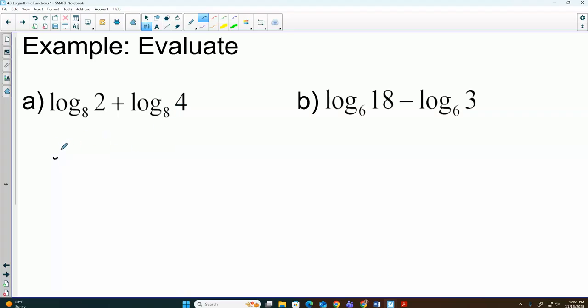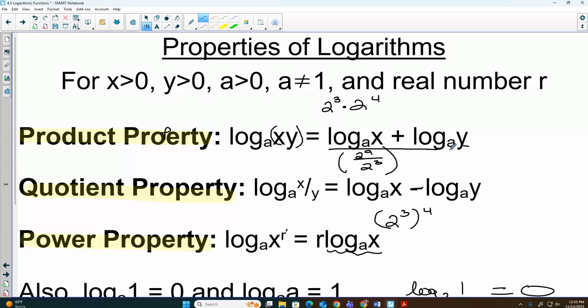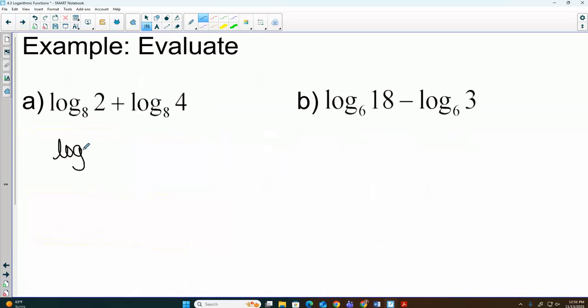But if we use our property of logs, if I have the log of two things being added, I could rewrite it as one log with those things multiplied together. So that's the same thing as saying log base 8 of 8. 8 to what power equals 8? 1.